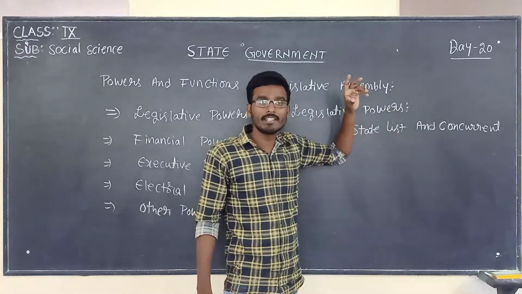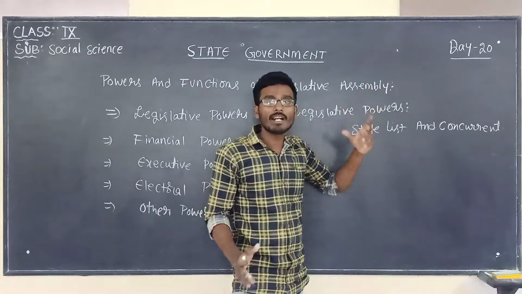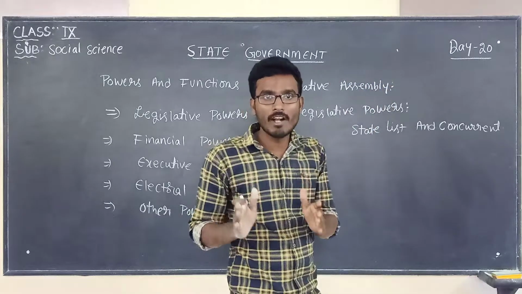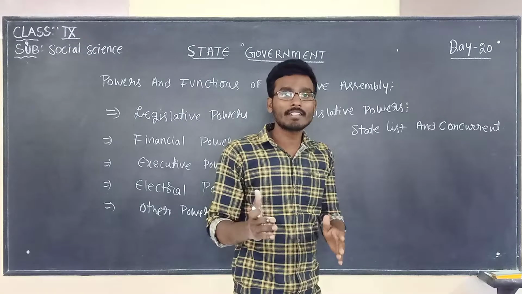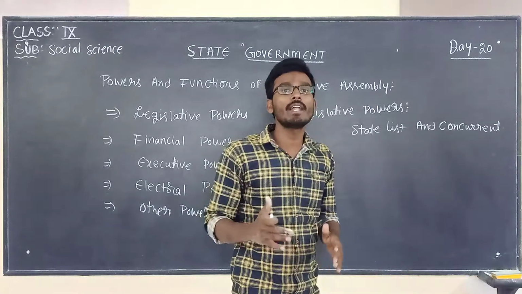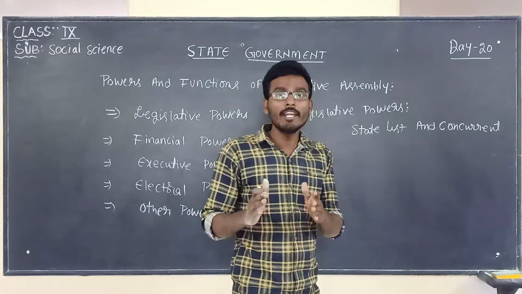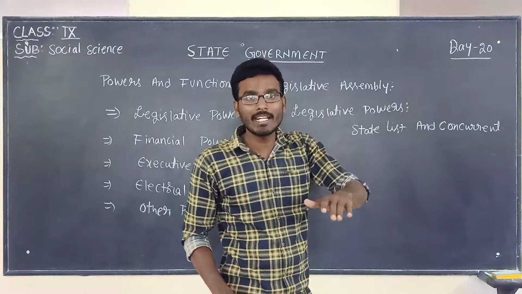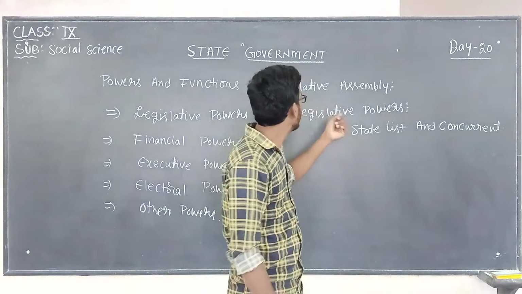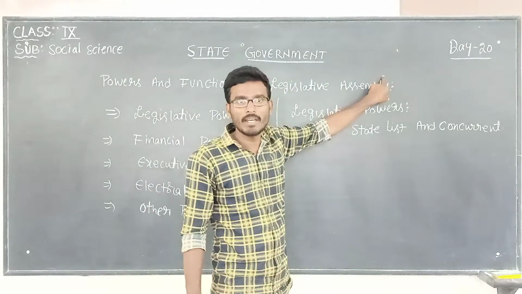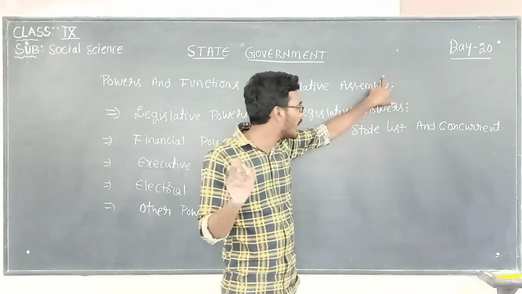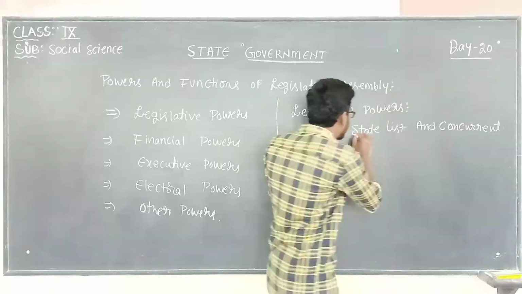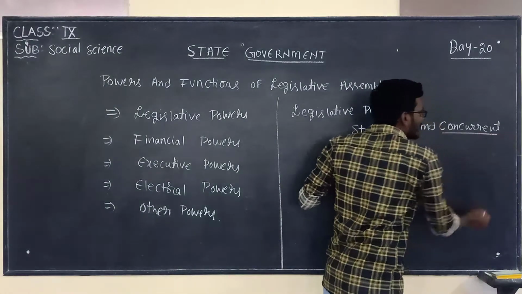When we discussed the first lesson, our government is a federal form of government. That means the functions of our government are categorized into three types: union list, state list, concurrent list. Here, the legislative assembly is making bills on subjects like the state list and concurrent list.